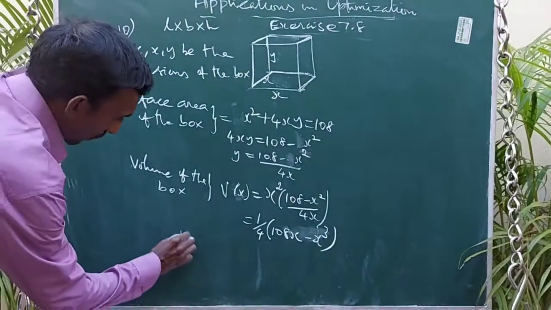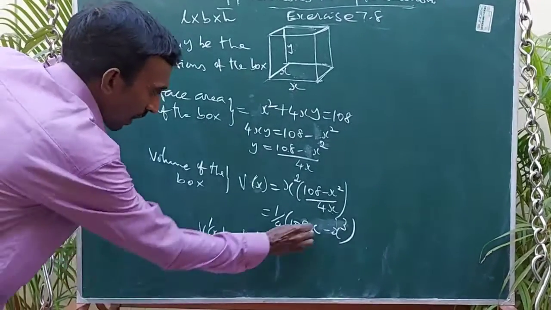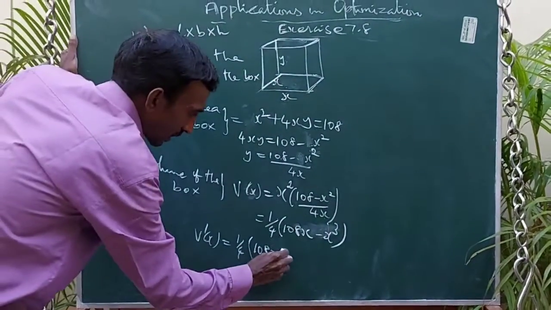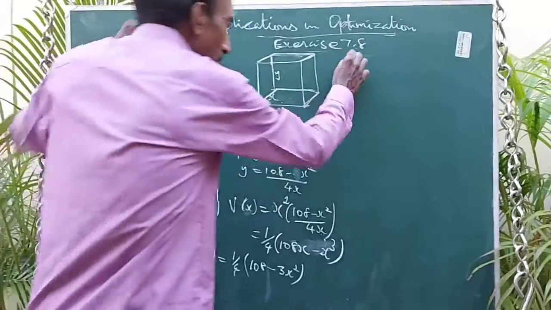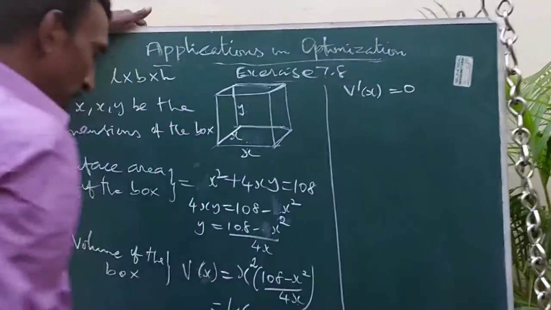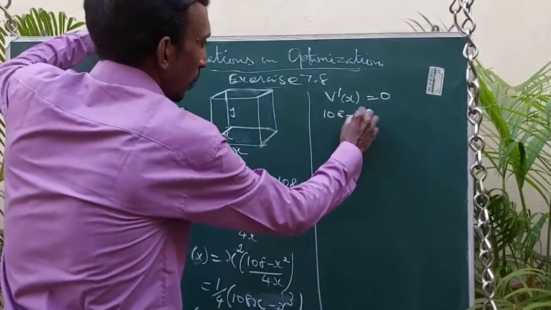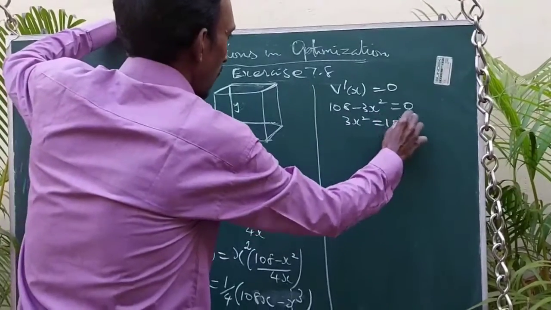As in the previous problem, find out the first derivative. So 1 by 4 is a constant. Differentiation of 108x is 108, and differentiation of x cube is 3x square. So obviously equate the first derivative to 0, which means 108 minus 3x square equal to 0. 3x square equal to 108.